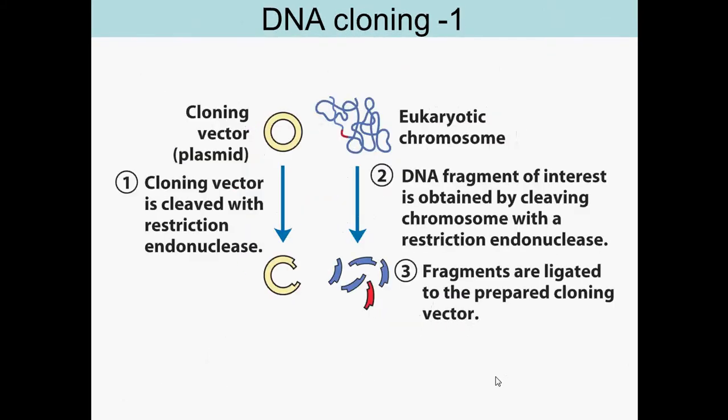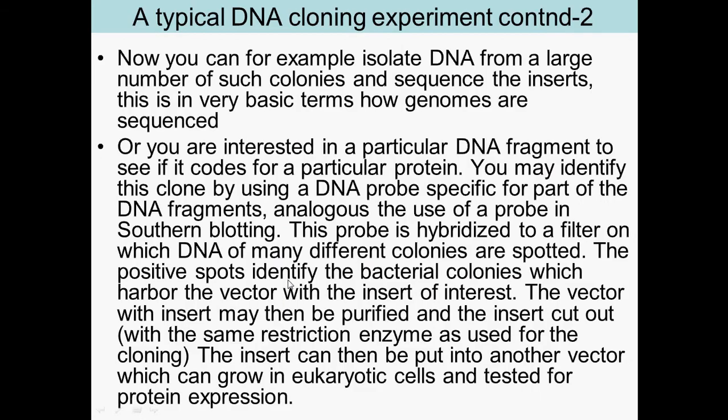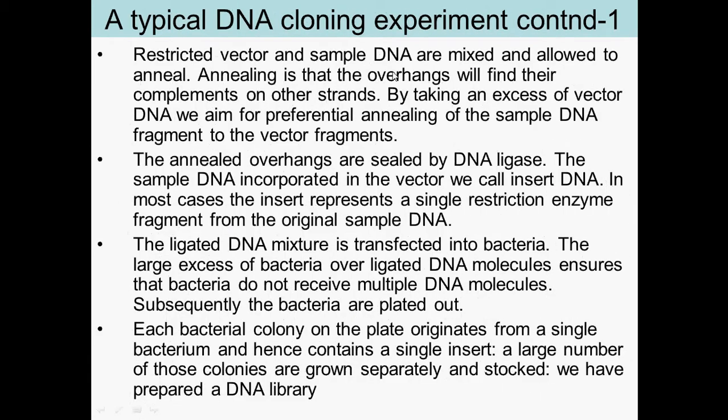So you have the vector, and this is the DNA you want to go in there. If you take a lot more of this, then it'll go in here instead of the piece that came out of here going back into it again. So by taking excess of the vector DNA, we aim for preferential annealing of the sample DNA fragment to the vector fragments. The annealed overhangs are sealed by DNA ligase.